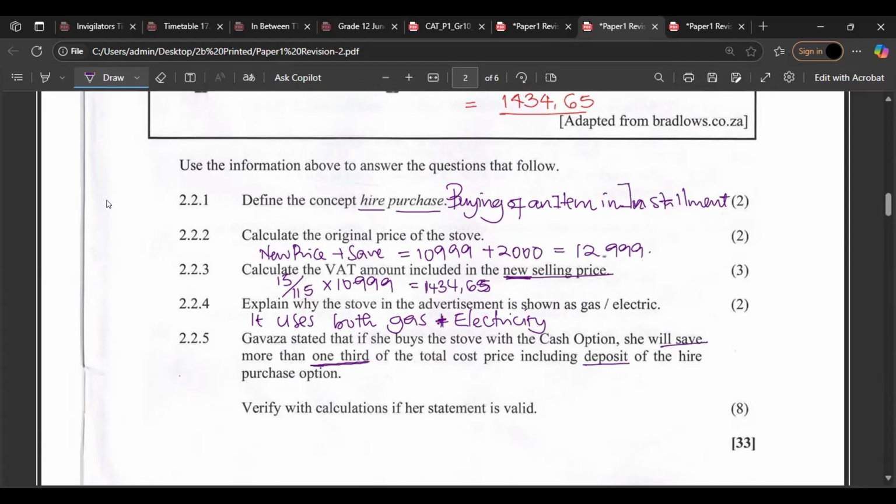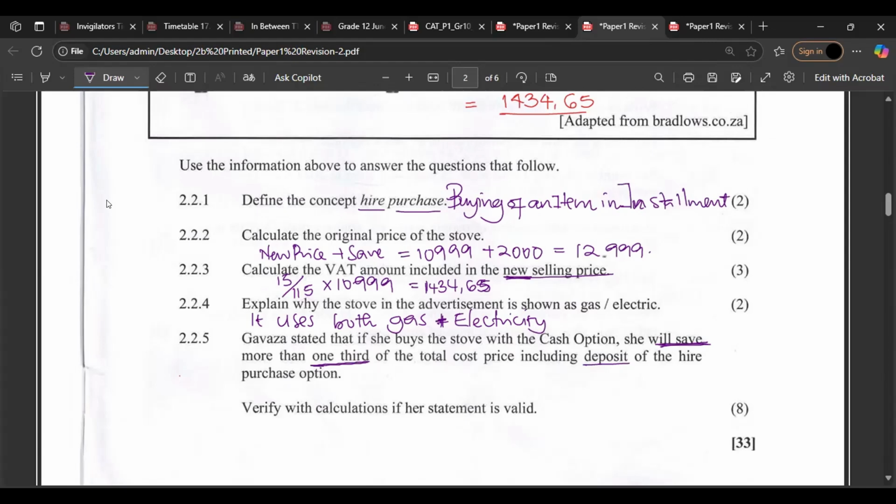Now, first and foremost, look for the total price if she uses the hire purchase option. You see that? Yes, it says if she buys the stove on cash, she will save. Okay. First and foremost, we need to look for the total cost on hire purchase.